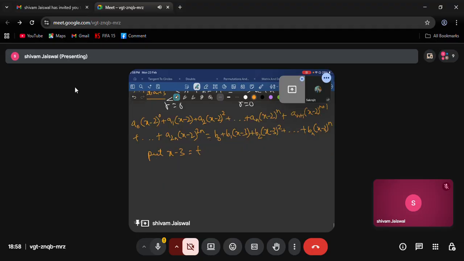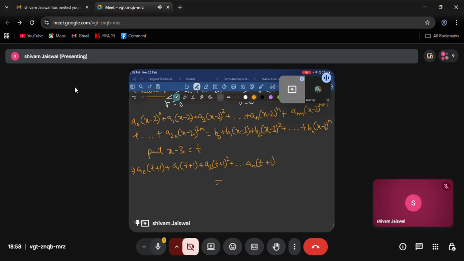If x minus 3 is equal to t, this will become a0 plus a1 into t plus 1, plus a2 into (t plus 1) whole square, plus dot dot dot, plus an into (t plus 1) to the power n, and so on.